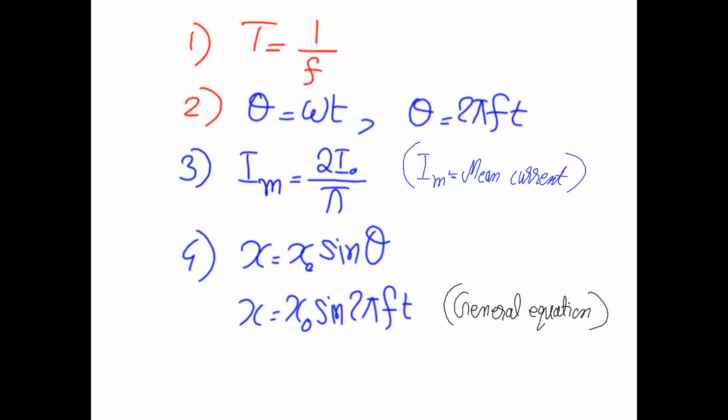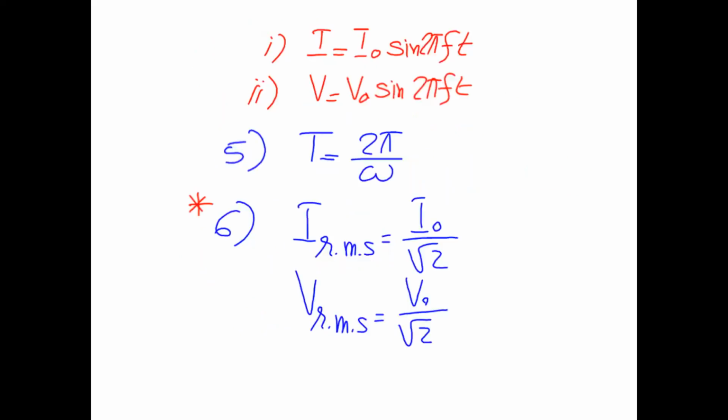T is equal to 1 upon f. Theta is equal to omega t. These are the two general equations. And then come the subsidiary I and V equations, time equation, RMS. These are the two main formulas.